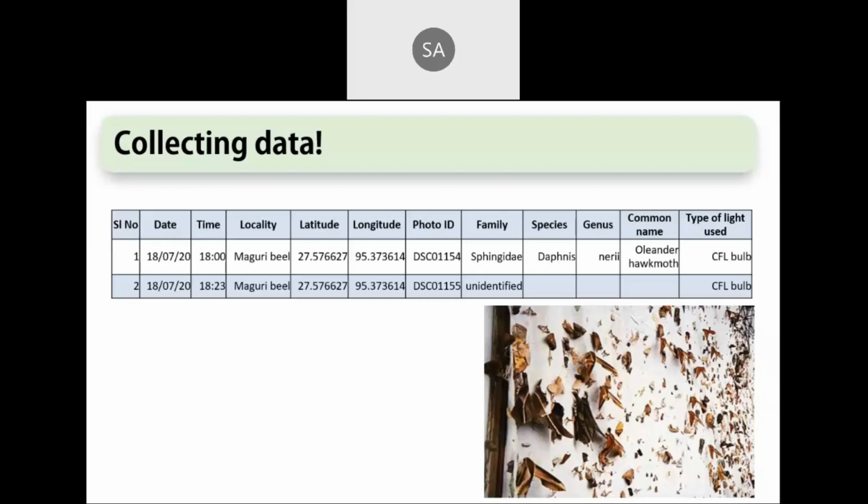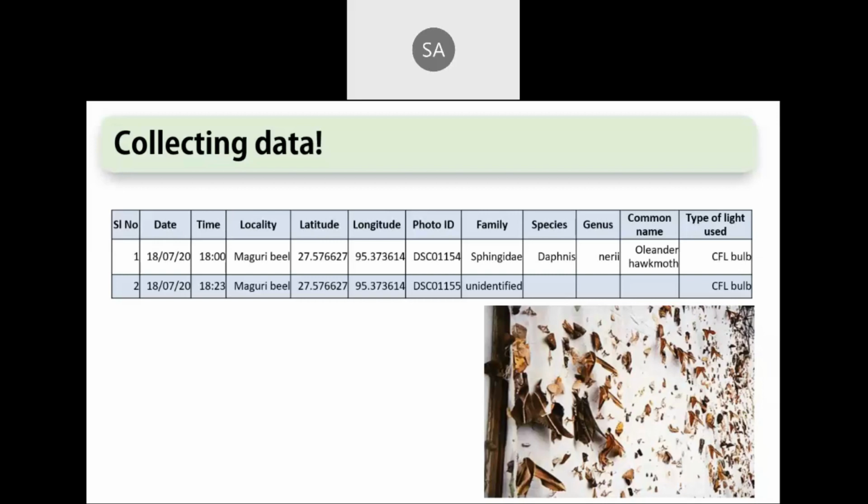Then sometimes in the case of moths or other very complicated species, we cannot identify the individuals. In that case, we keep the photo EXIF title. See, DSC 1154. Any digital camera, any DSLR will record the photo ID in this way. So I have recorded the photo ID as DSC, some numbers.